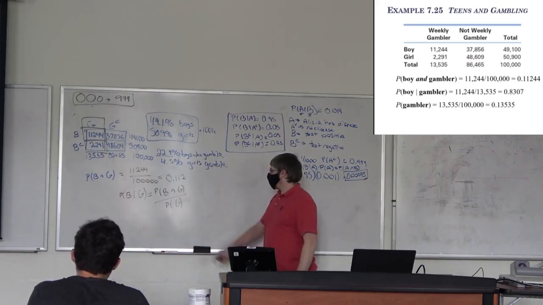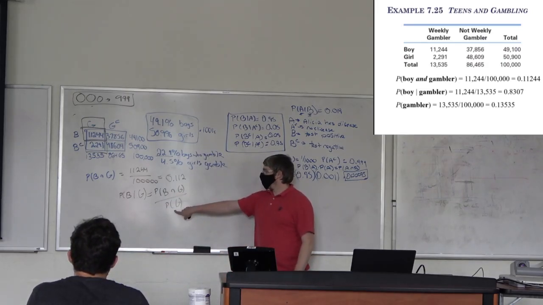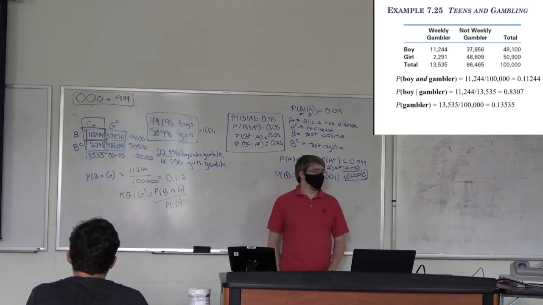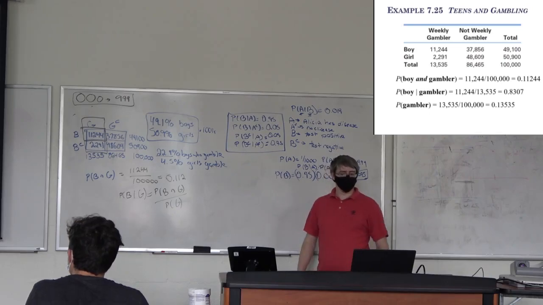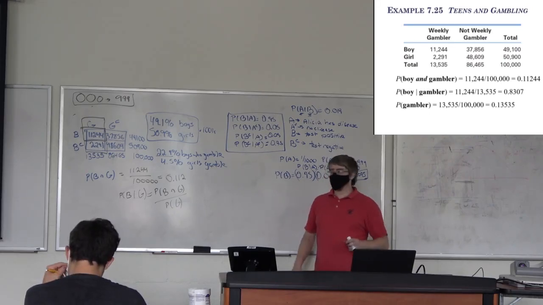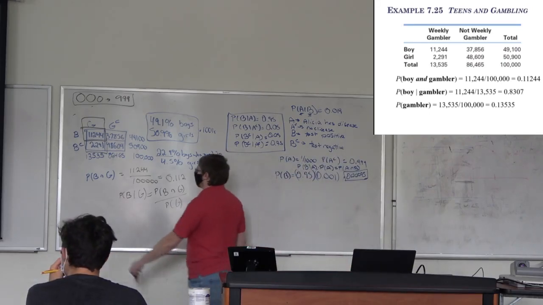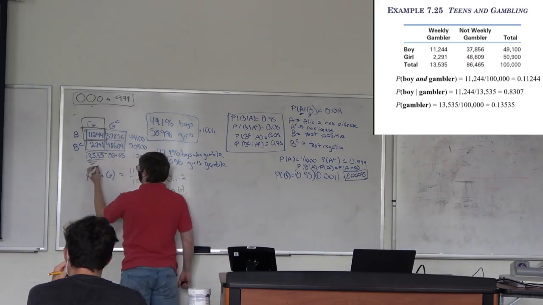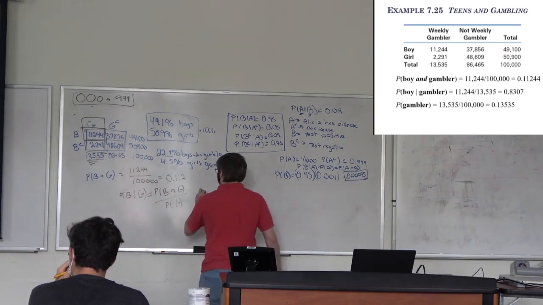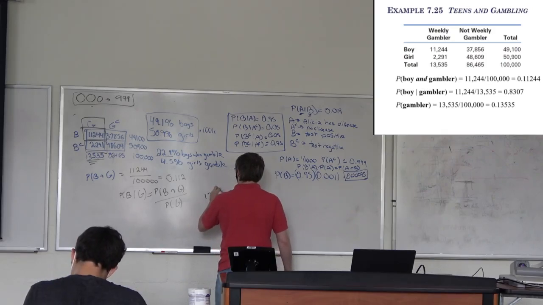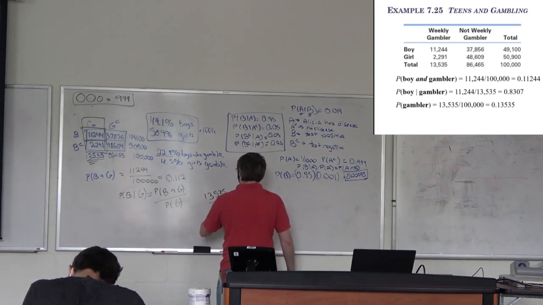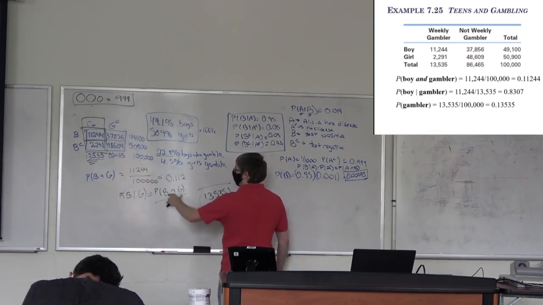And so can anybody tell me what the probability of gambler would be in this overall? Because we have these column totals, we can just take this number, and this is 13,535 divided by 100K. And so in the numerator, we already figured out what the B and G is.